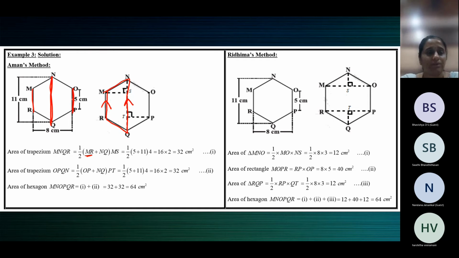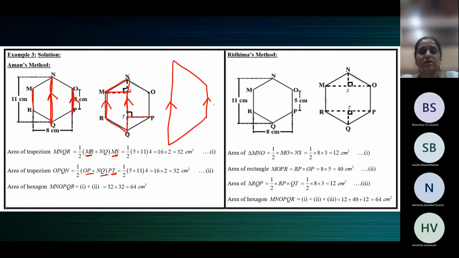OP is parallel to NQ. The distance between the parallel sides in the first trapezium is MS, and in the second trapezium is PT.